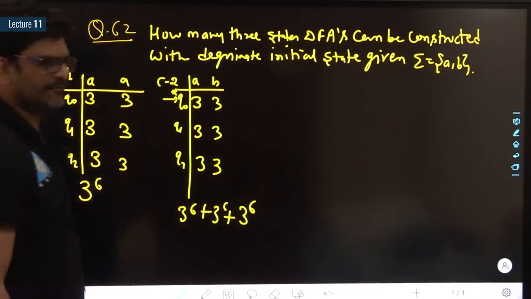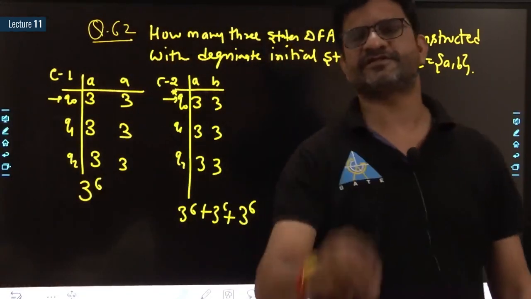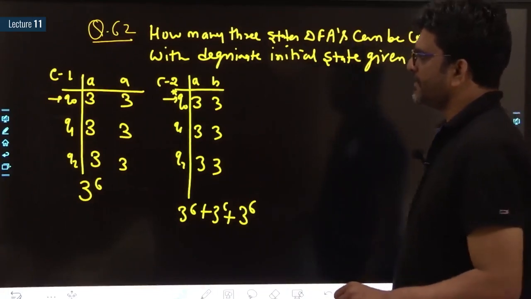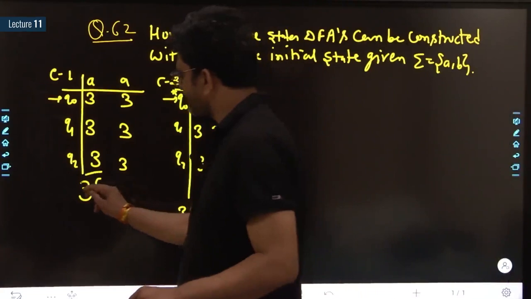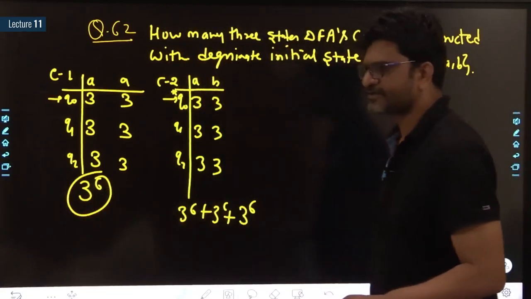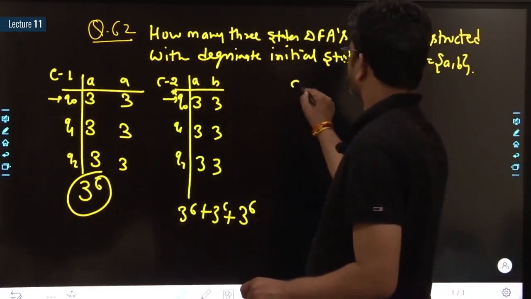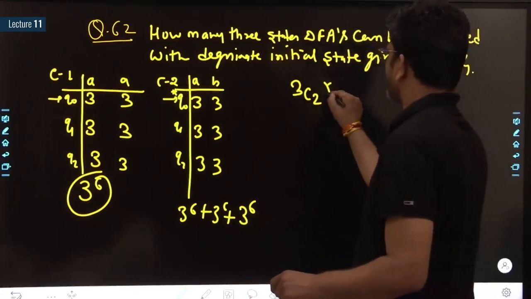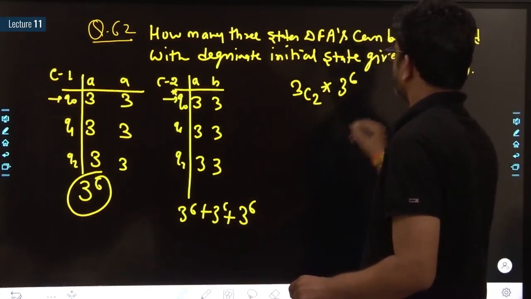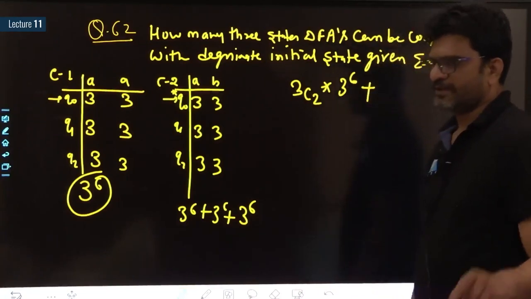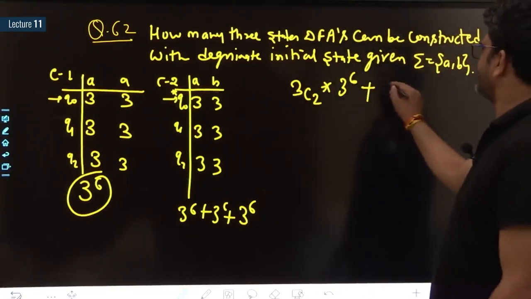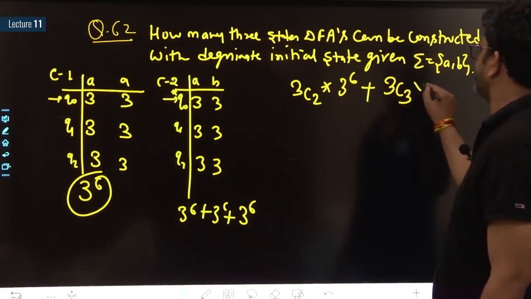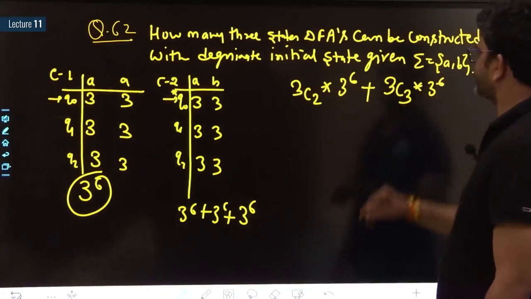Now out of 3 states, we have 2 states final. For each combination we have 3 to the power 6 DFAs. So this is 3C2 combinations, each with 3 to the power 6, plus every state is final, 3C3 into 3 to the power 6.